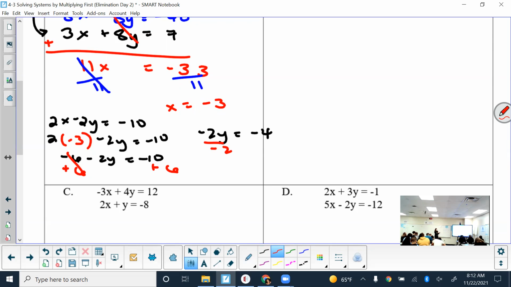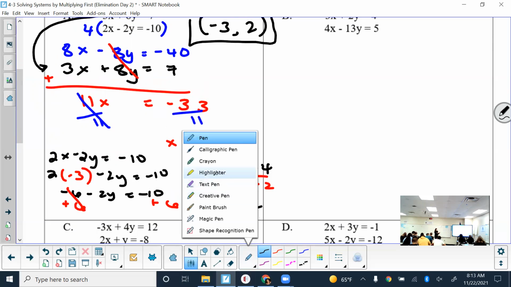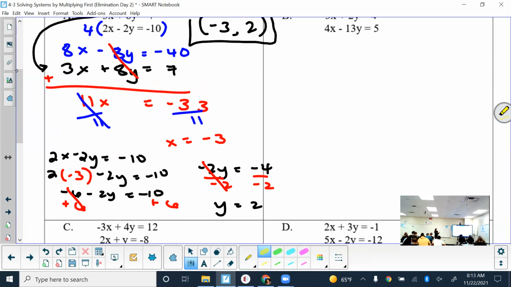Good. And y equals what? A positive 2. All right, write that in coordinate form. So (negative 3, 2) is my answer. That's where the two lines intersect, but we're solving using elimination. All right, questions?